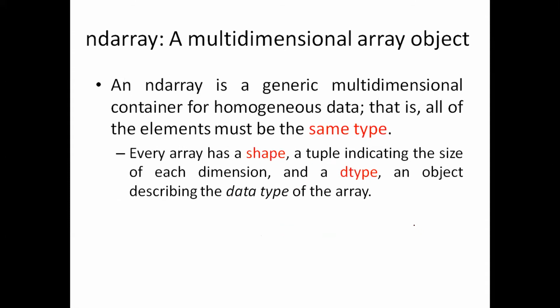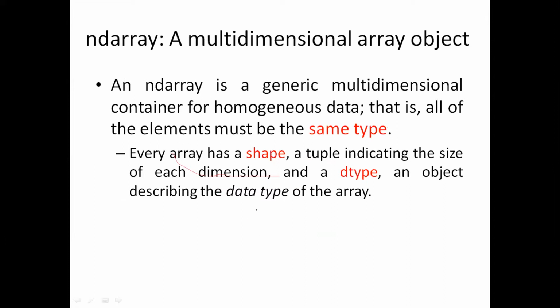The fundamental aspect of NumPy is the ndarray. ndarray is a multi-dimensional array object, which is a container for homogeneous data. This is very important because, compared to Python lists, which can hold heterogeneous data as well, ndarray is for homogeneous data collection.